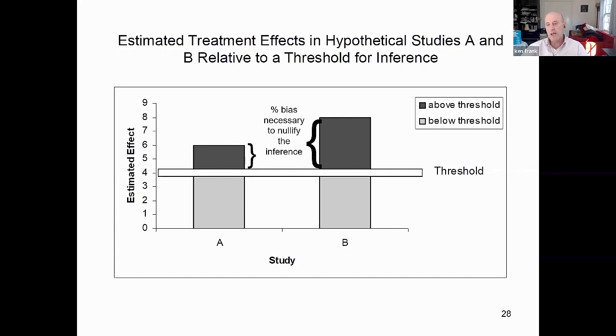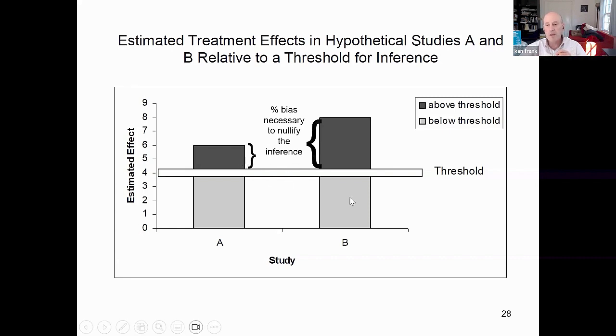Let's look at studies A and B. Each of them has an estimated effect. We have some sort of threshold for making an inference. If the estimate exceeds that threshold, we infer there's an effect. If the estimate does not exceed that threshold, we say, well, there's no effect. And then we talk about how much of the estimated effect is above the threshold.